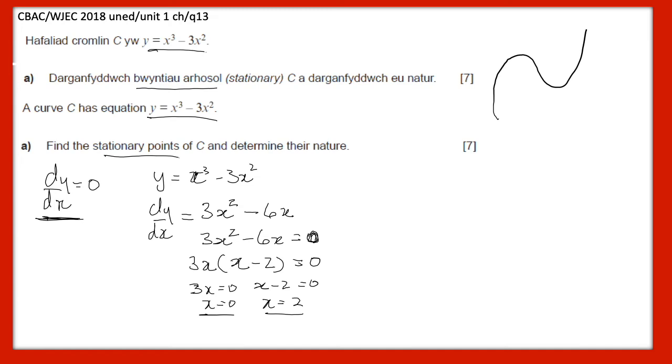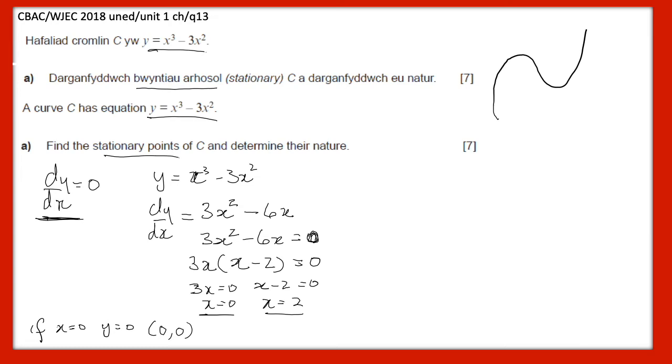Relatively easy case here of if x equals 0, y is equal to 0, so therefore I've got a turning point at 0, 0, which is nice, means I don't have an intercept on this particular graph.